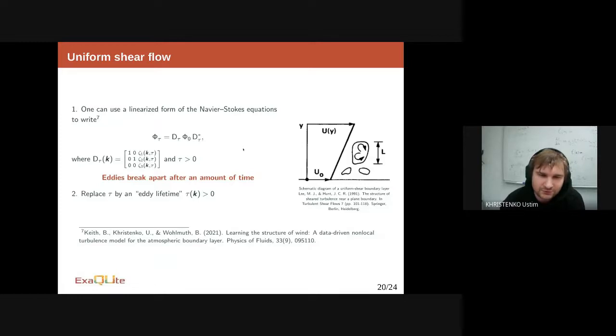So we propose to consider the lifetime as a function of the whole wave vector. But what is exactly this function? We don't know, but we can represent it as a specially designed neural network, and then we can learn from the data what this function is, by learning the coefficients of the network.